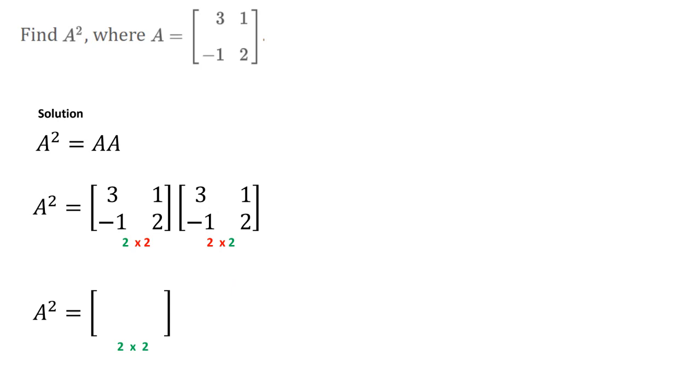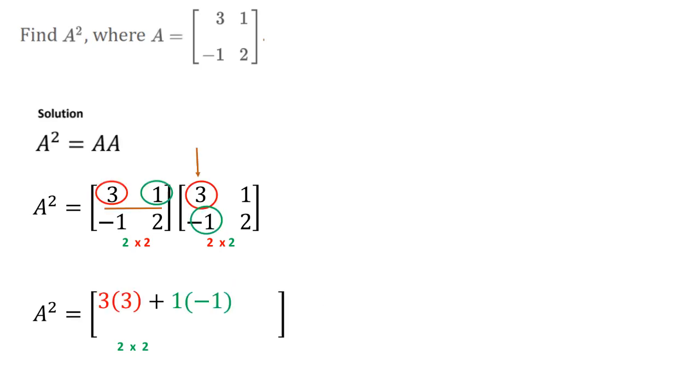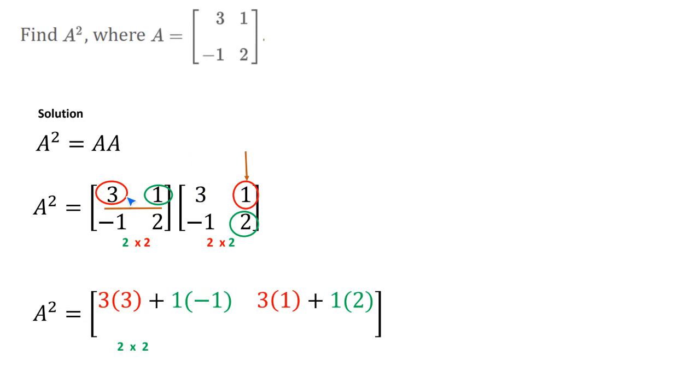Okay, so we're going to take the first row, which I have here. I underlined the first row. And I'm going to multiply 3 times 3, this right here, and 1 times negative 1. So that's going to be your first number for the first column. So notice that my arrow here is now going to move to my second column. You still use the same row.